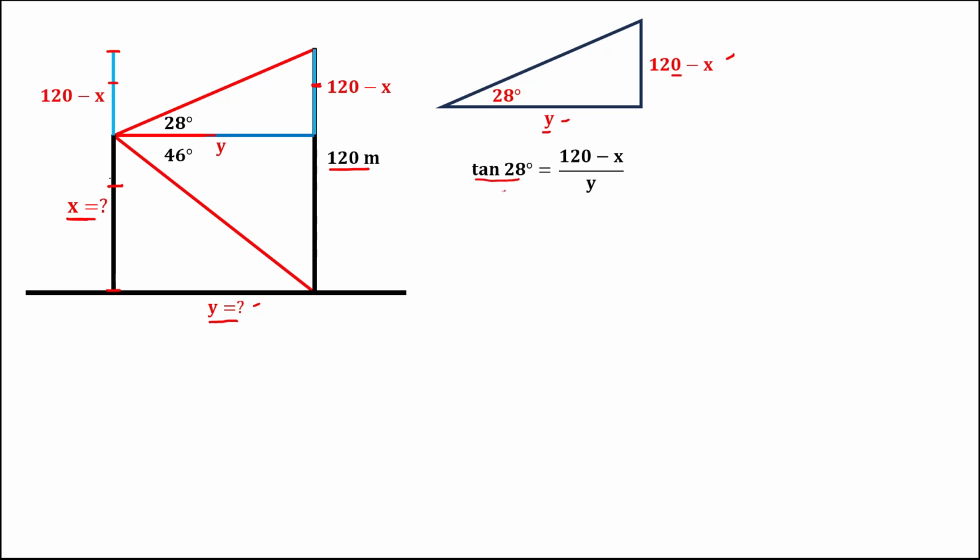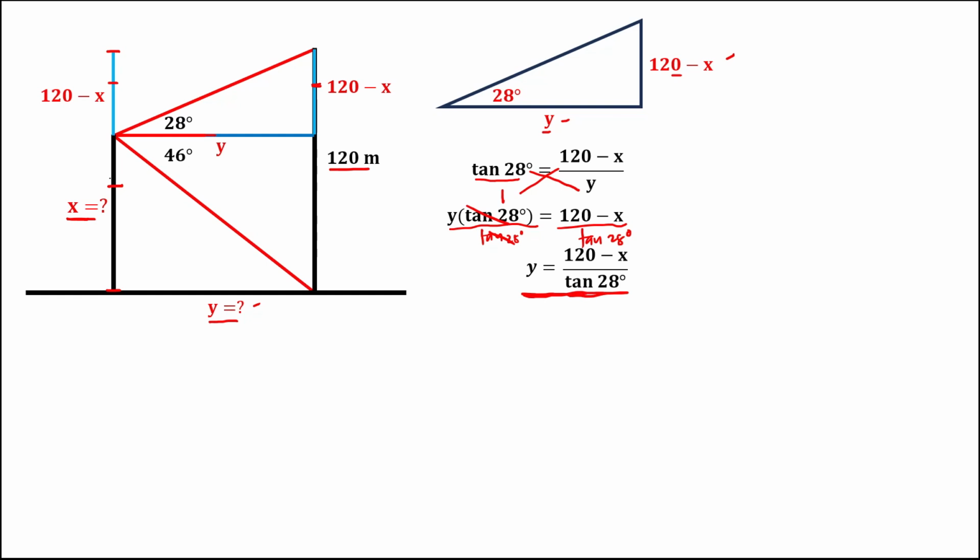Then do cross multiplication, so y tangent 28 degrees equals 120 minus x. Then divide both sides by tangent 28 degrees. Therefore y equals (120 minus x) over tangent 28 degrees. So this is now our first equation.